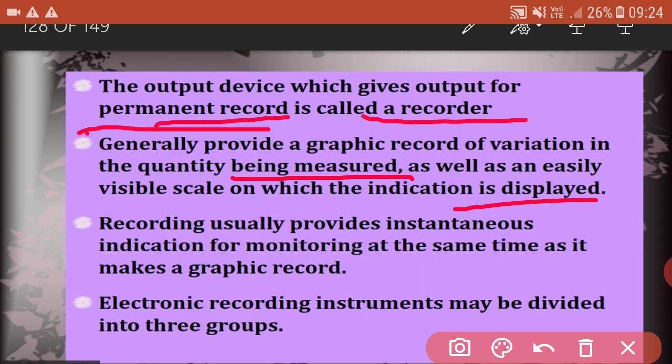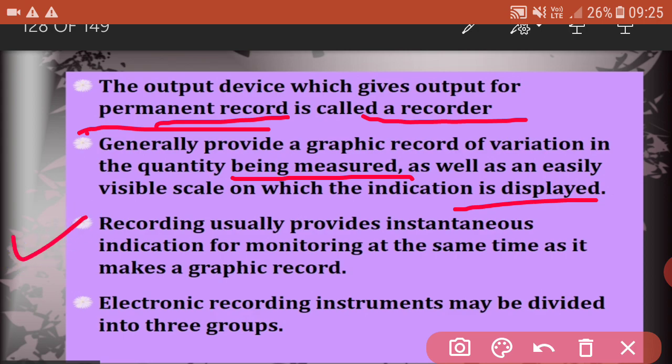So which type of record is generally made? Generally a graphic record, it means a graph of the quantity being measured is recorded in the recorder. Any quantity we are measuring, the graph of that quantity will be recorded, and its scale is also easily visible on which the indication is displayed.